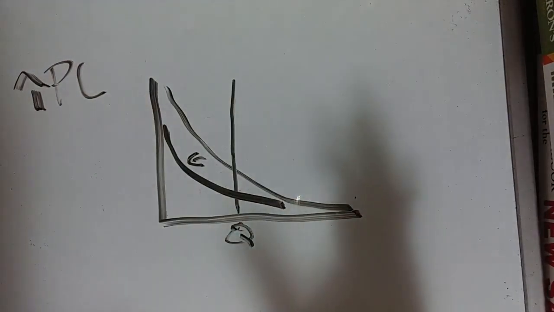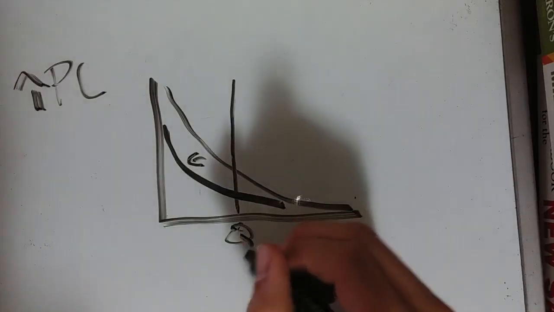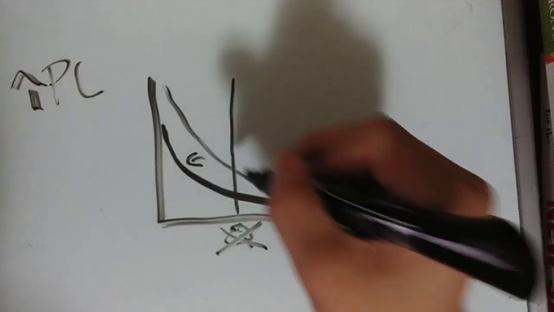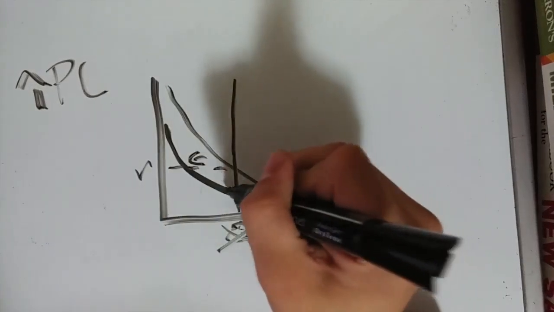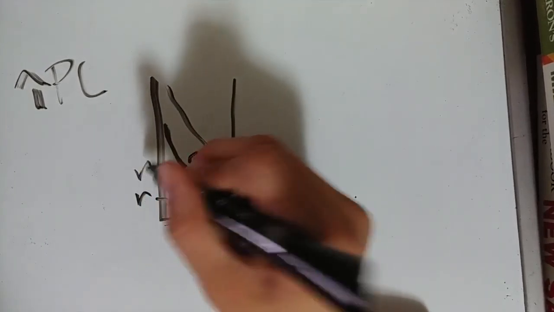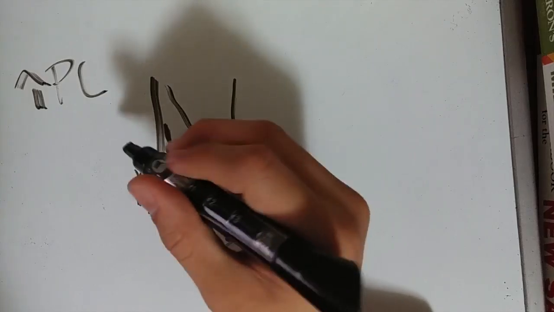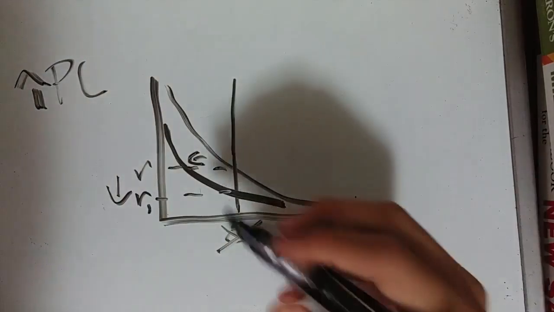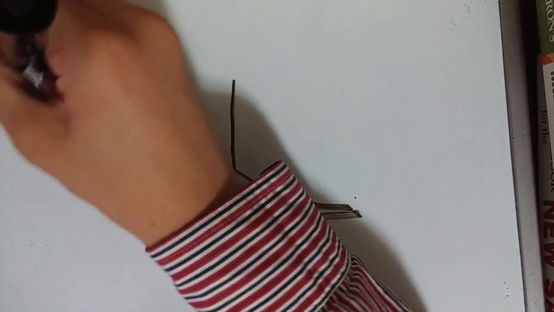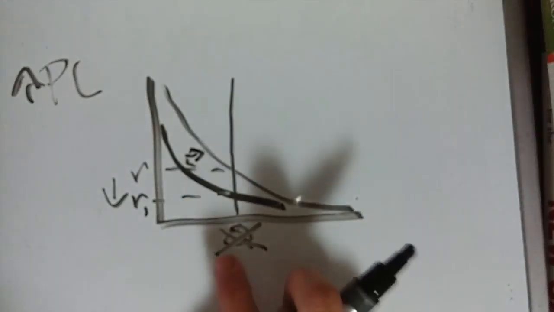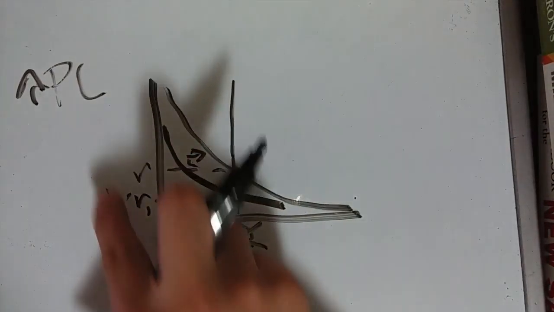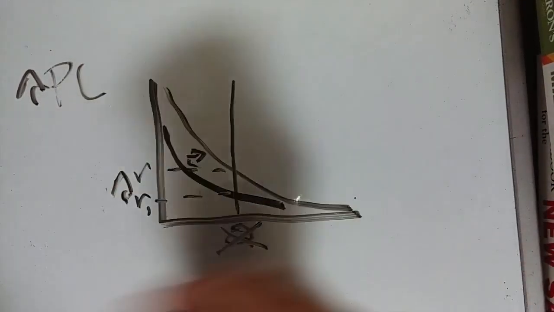So if something says it's a shifter of demand, quantity, not affected. Okay? But your interest rate goes from here to here. It decreases. The interest rate went down because of this change. Increase price level, this shifts to here. Quantity once again doesn't change, but interest rate increases.